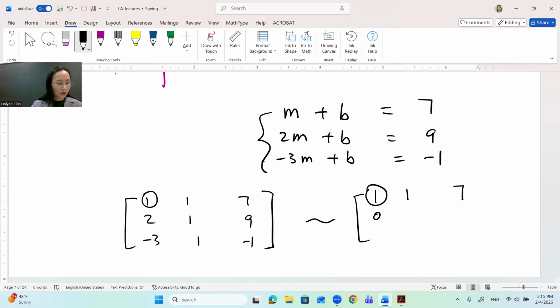So then -2 times the first rule is being added to the second rule. That's a replacement of the second rule. So we get, and then for the third rule, we also need a replacement because, as you can see, you want to make this 0.